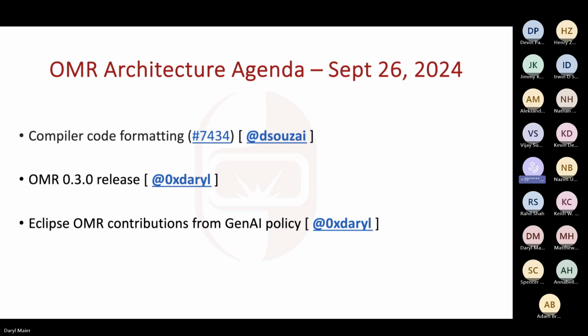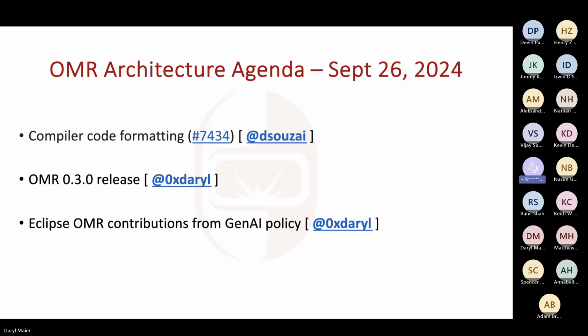And while we haven't seen any direct contributions to the OMR code base that apparently originate from a code assistant technology like Copilot or WCA, it might be coming in the future. So the question here is, this isn't really a proposal. It's really more just what should we do about it kind of question.